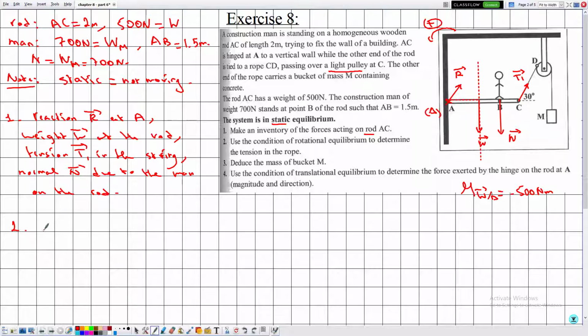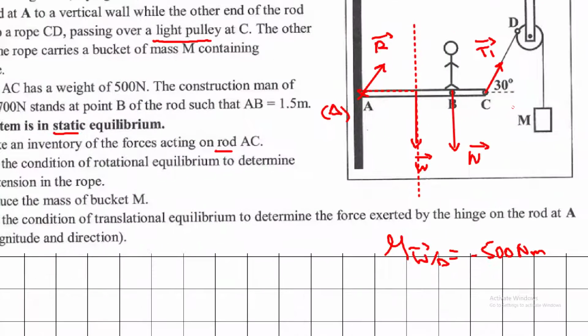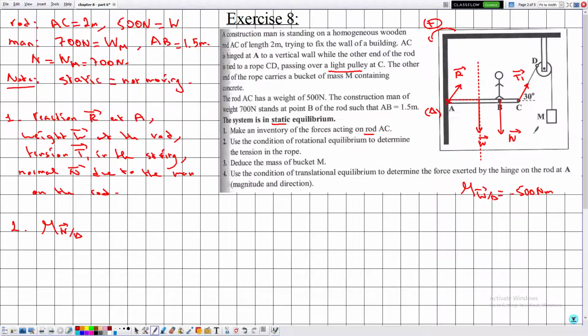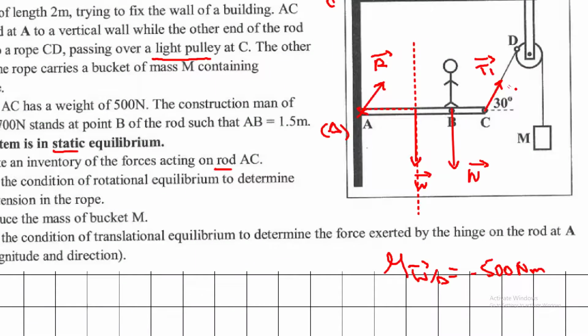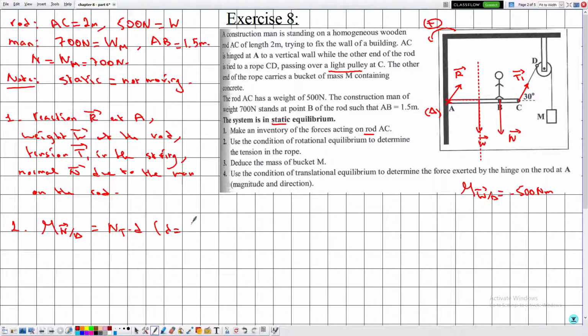So we are talking about the moment of N around the axis delta. Usually we call this force N prime, but I'm calling it N, which is equal to N tangential multiplied by the distance D. D is the distance between the point of application of this force, which is the point B, and the axis of rotation, which is A. In this case AB, so notice that they are specific, and they are giving me that the value of AB is 1.5 meters.